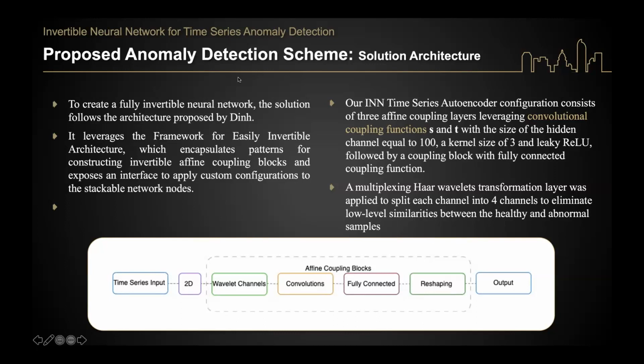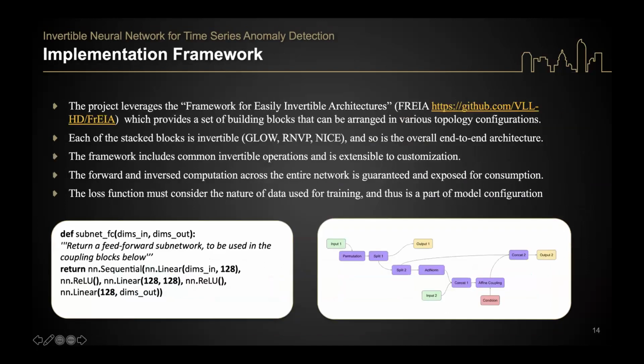This whole process leveraged something called the Framework for Easily Invertible Architectures. That's very helpful, because it seems like a complex solution. There's the link to it, and what it does is basically an abstraction in front of the invertible neural network concept.